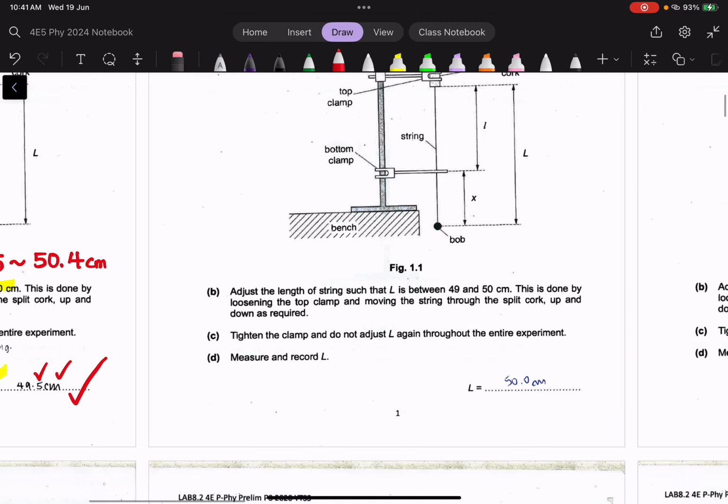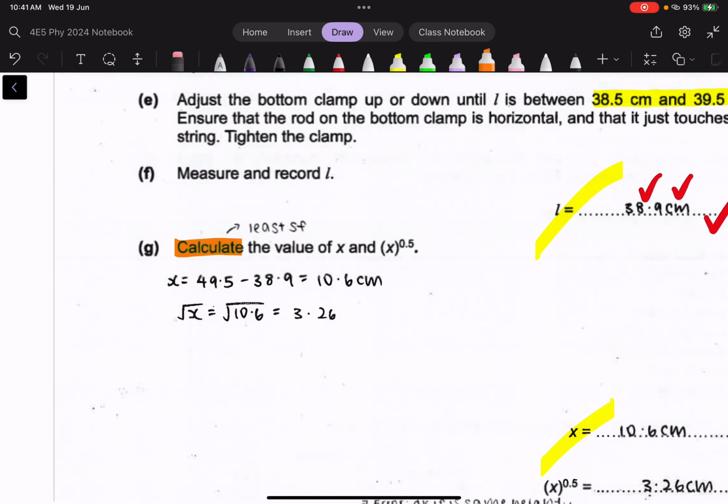Alright. Then after that, you are supposed to do calculation, and since none of these are averaging, most likely you will do least SF, except you can see that you are doing simple summation or simple subtraction. So this one should be least DP, and I think this particular student got it right.